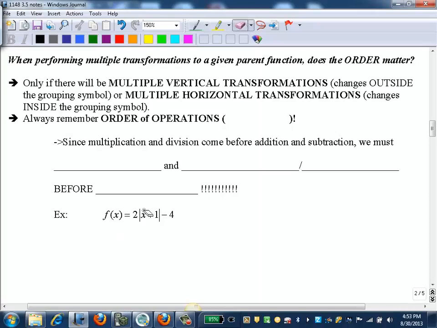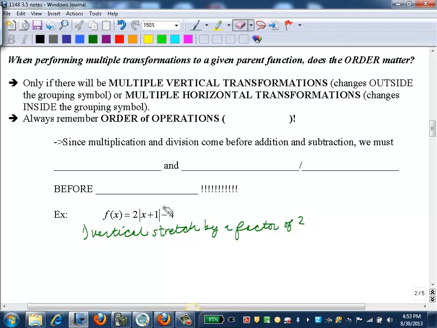In this problem, if we look outside the grouping symbol first, we've got a 2 on the outside of the absolute value. We're multiplying by 2 outside the grouping symbol. When we multiply by 2 outside the grouping symbol, that's going to be a vertical stretch by a factor of 2.